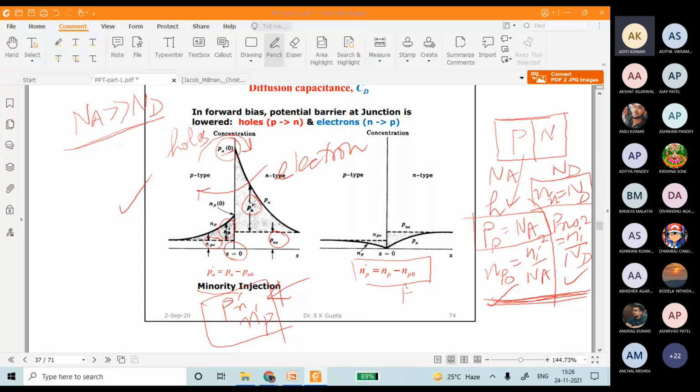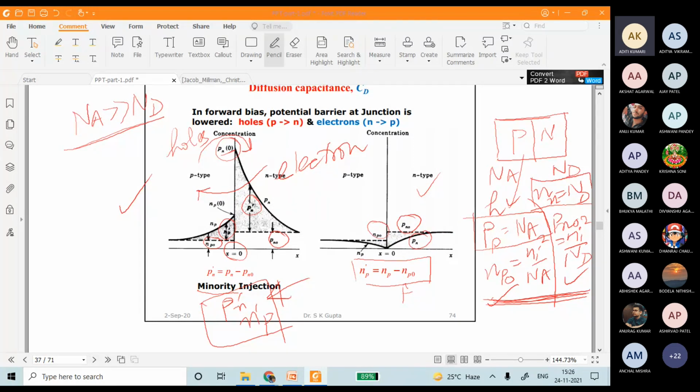In the right hand side graph, we can try to understand what this is showing. Before injection, we expect that at x equal to 0, the hole concentration and electron concentrations are 0, and as we move away, we have these equilibrium concentrations.